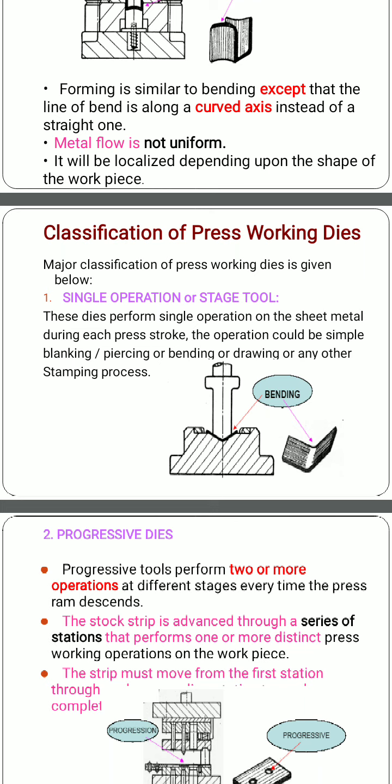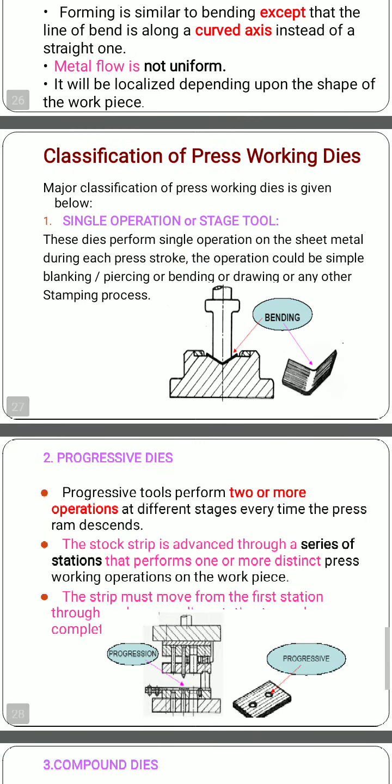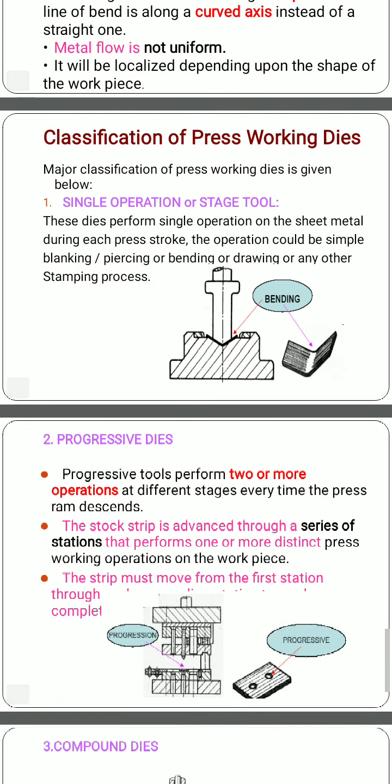These dies perform a single operation on sheet metal during each press stroke. It may be blanking, piercing, notching, drawing, any operation, but only one operation at a time. So the word itself says it is a single operation or single stage tool.